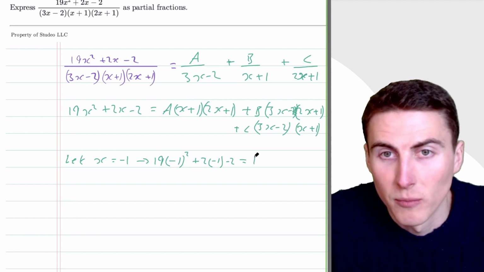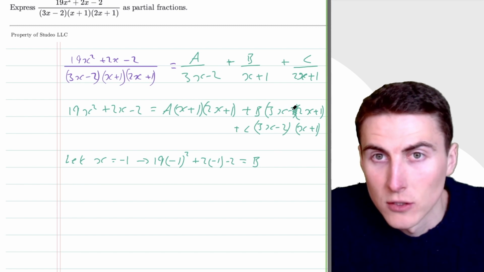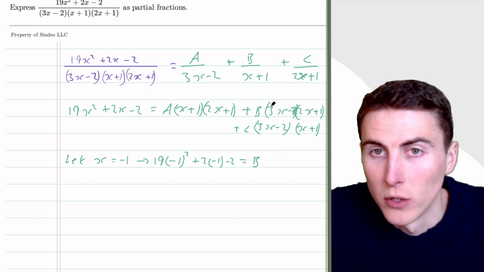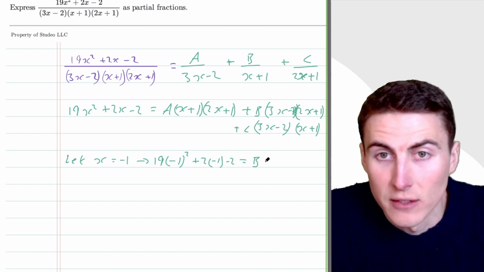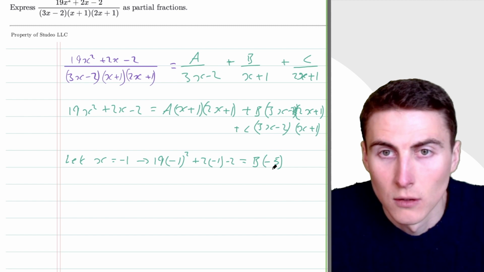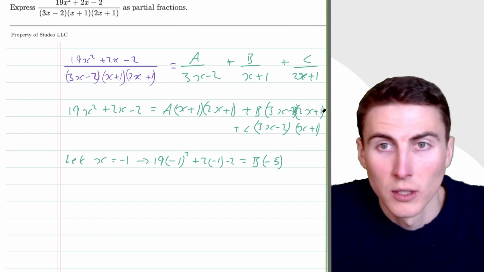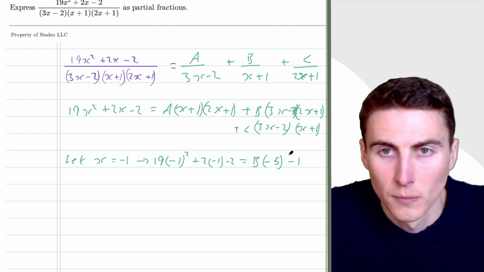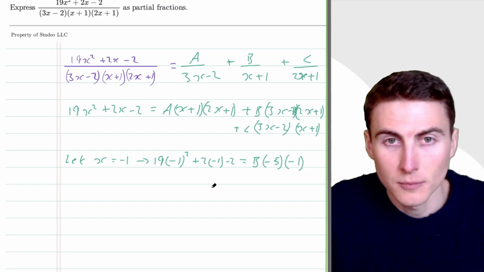But here I would have b, and then the 3x minus 2. If x is minus 1, 3 times minus 1 is negative 3. Take away 2 more is negative 5. And then here, 2x plus 1. 2x would be minus 2. Add 1 is minus 1. So that's what we'd get there.